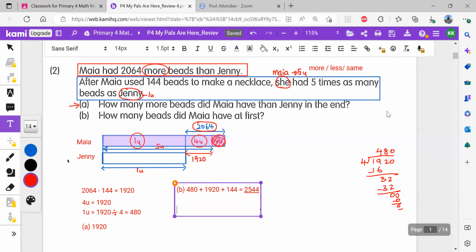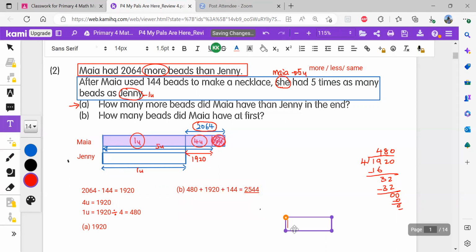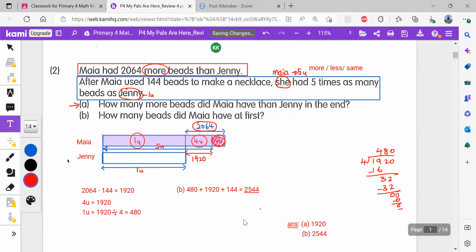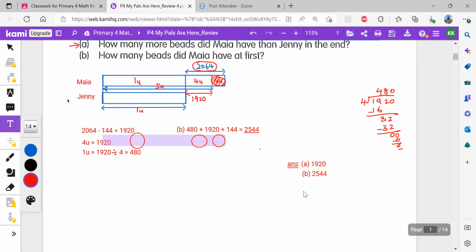So I'll write down here, ANS, for A, 1920, for B, 2544. Okay, that's question 2. Let's look at question 3.